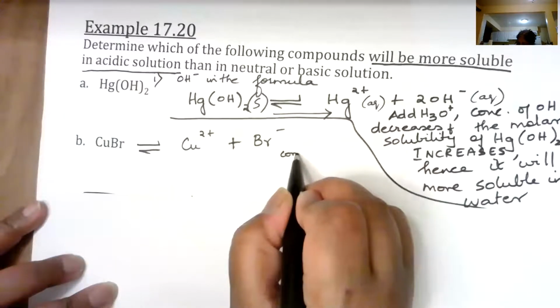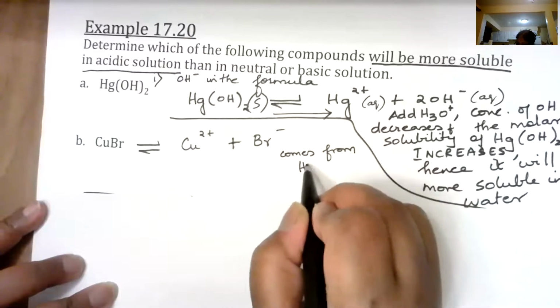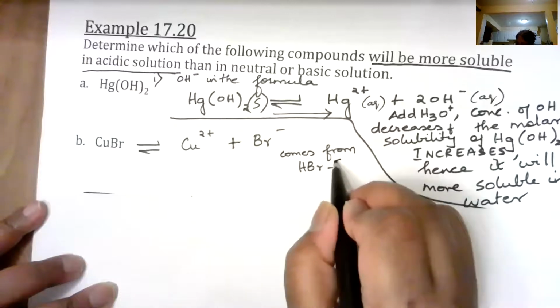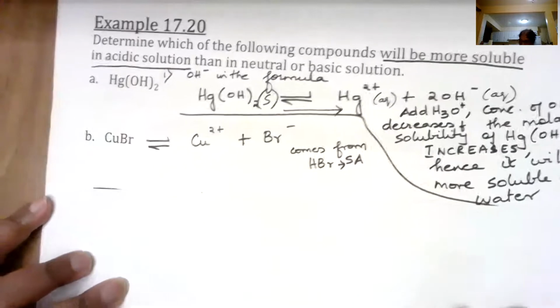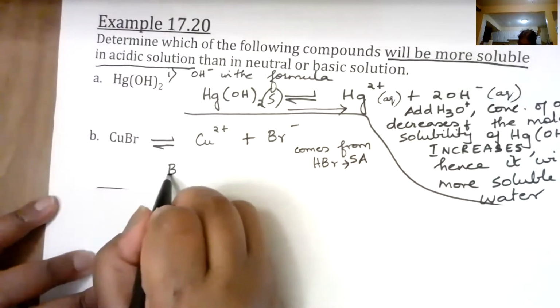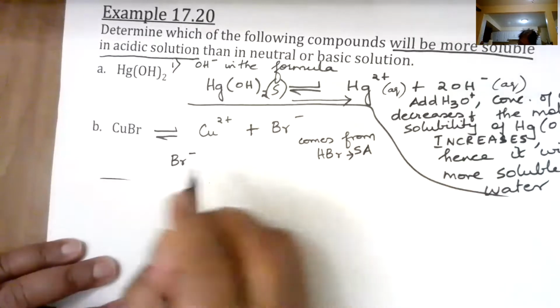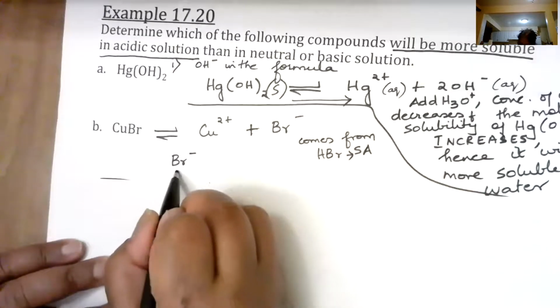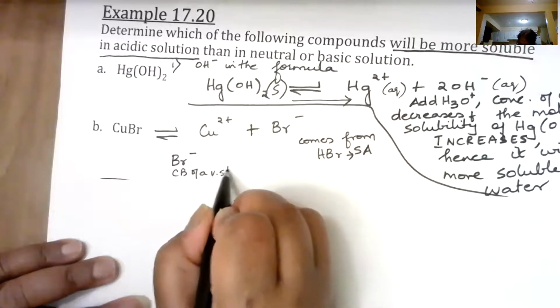This comes from HBr. And what about HBr? It's a very strong acid, okay? So Br minus is the conjugate base of a very strong acid.